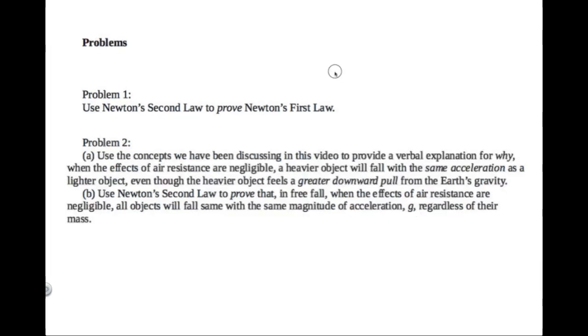You can try this experiment. Try dropping a piece of paper and a textbook you don't like simultaneously from the same height. You will see that the textbook hits the ground much sooner than the piece of paper. But that's because of the effect of air resistance on the paper. So now try crumpling the piece of paper into a tight ball.